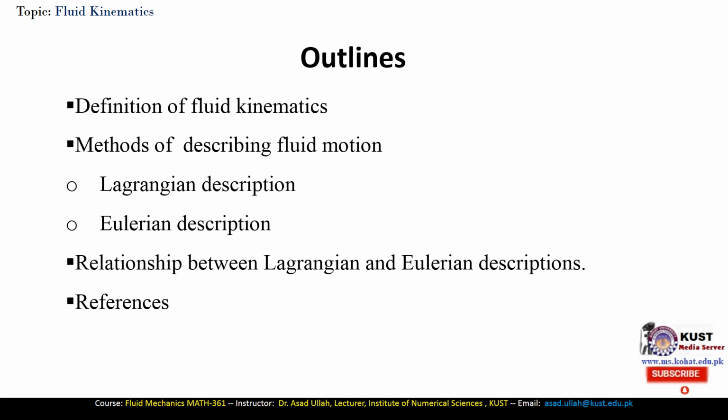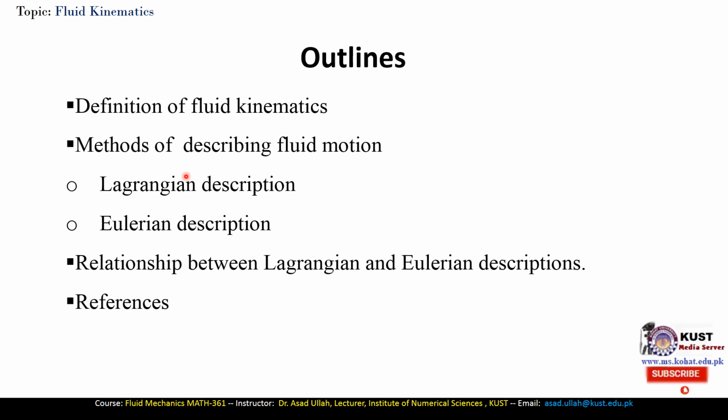In this lecture, we will try to discuss the following points. Number 1, definition of fluid kinematics. What is fluid kinematics? So we will provide a definition of fluid kinematics. Number 2, we will discuss methods of describing fluid motion. So how to describe a fluid and its motion in fluid mechanics.